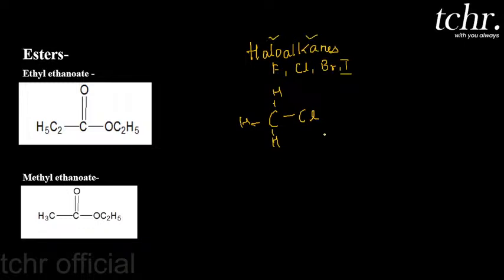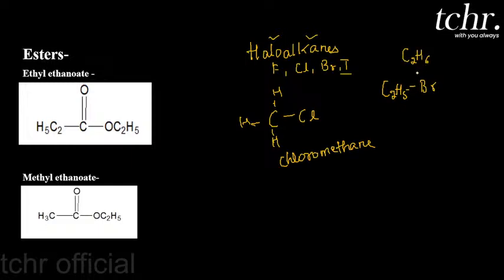Now for example, what halogen did I add here? Chlorine. So it is named chloro. And to one carbon atom, methane, I substituted chlorine, right? Chloromethane. In the next class we will discuss haloalkanes in depth; today I'm just giving you the introduction. Now for example, C2H5Br: the formula of ethane is C2H6.